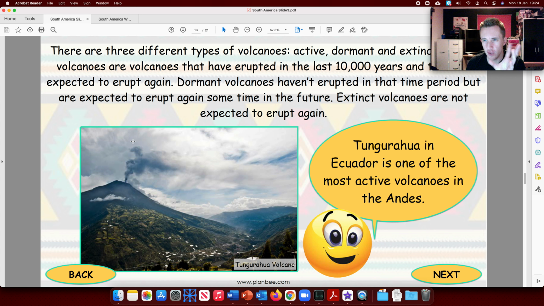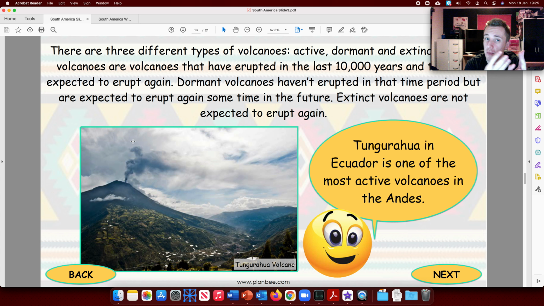Don't worry too much if you're not with me on that. The main thing you need to know is that mountains are formed by tectonic plates pushing together. Volcanoes are formed when you've got a crack or a gap in the tectonic plates and the crust that allow magma to come through. When it erupts, lava cools, and then it becomes a volcano.